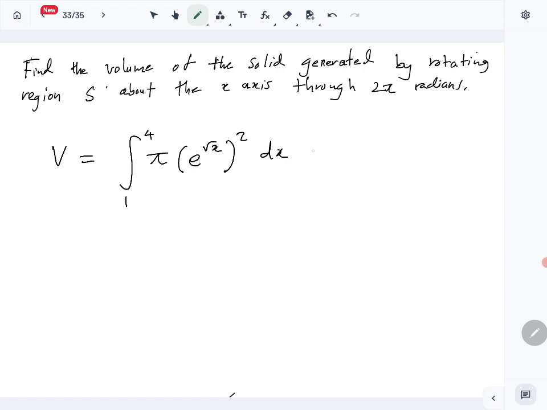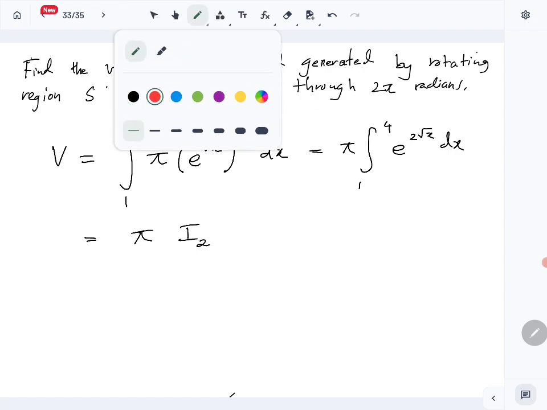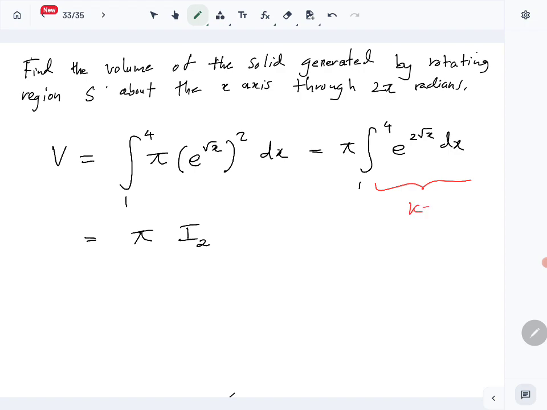Then you can take pi out, and this is the integral from 1 to 4 of e to the 2 root x dx. So the volume is pi times I_2, where k equals 2.